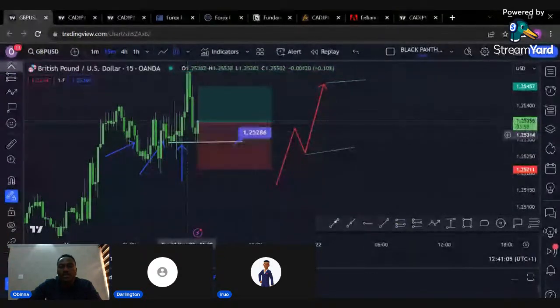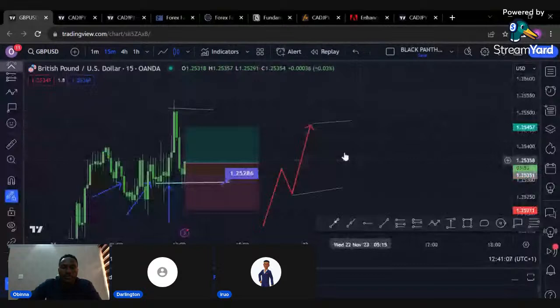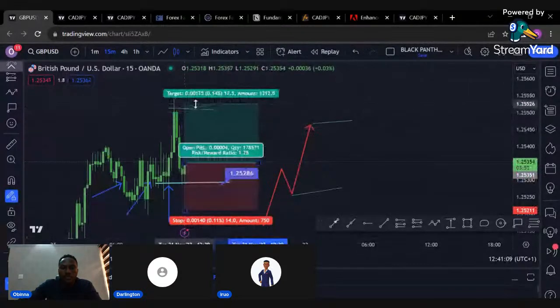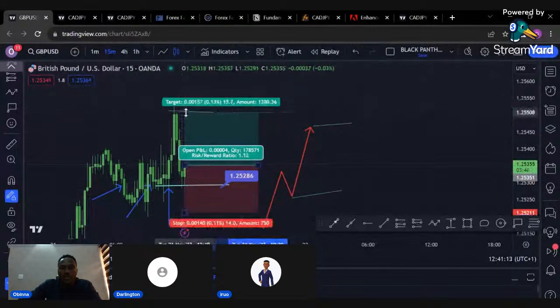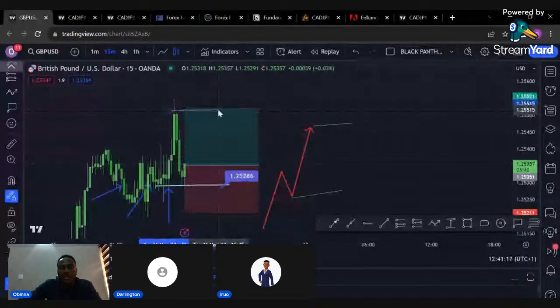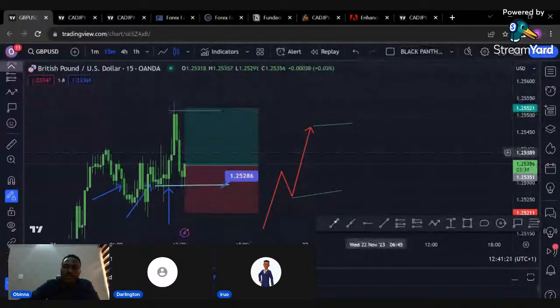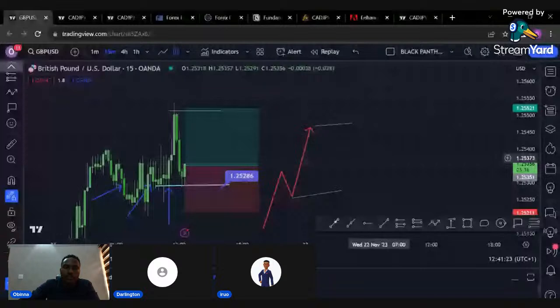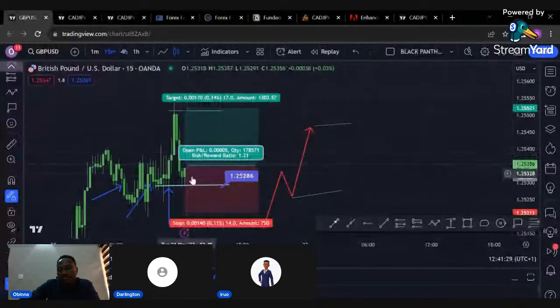So that I can continue to go up. My first TP will be this. This will be my first TP, or where I manage my trade. That's what I prefer to say, where I manage my trade. Any question?